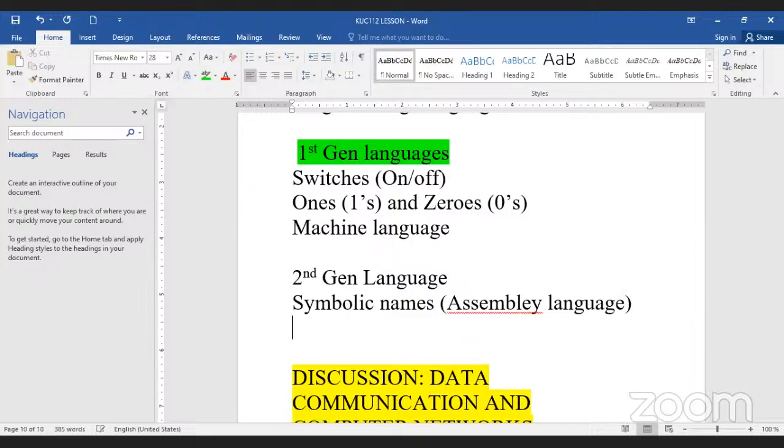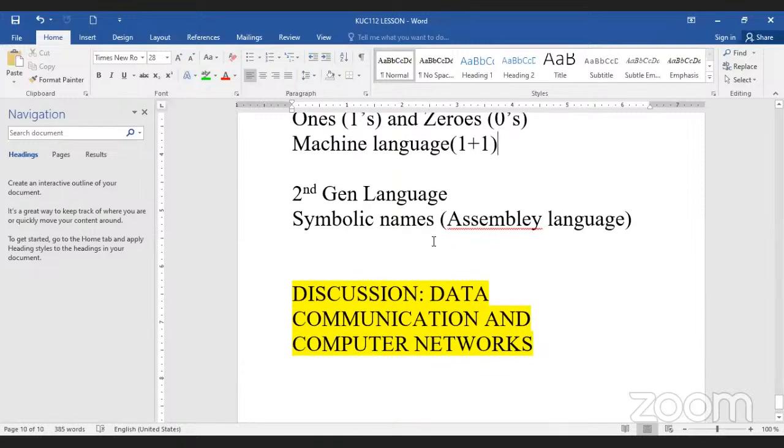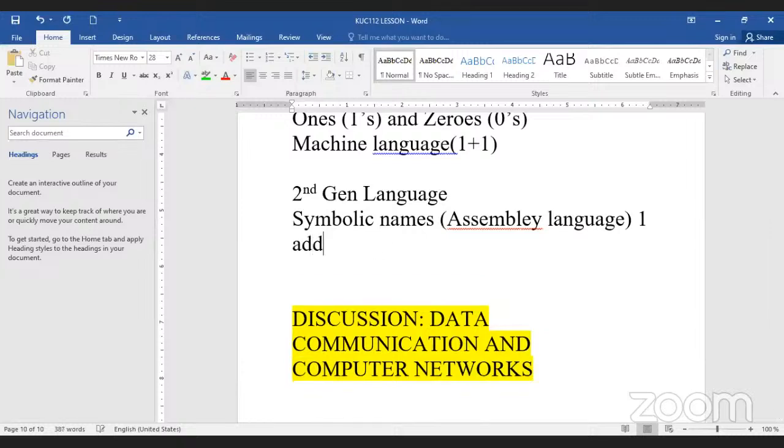So, for example, in the first generation you could take 1 + 1, right? That is machine language. But when it comes to assembly language, you say 1 add 1. So it uses some symbols to represent how the computer operates. So it uses what is called assembly language.